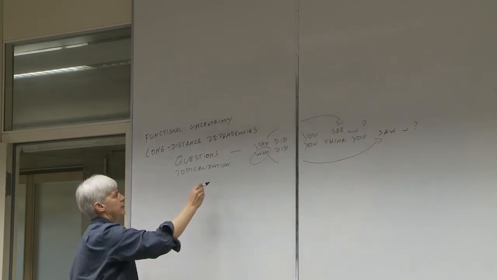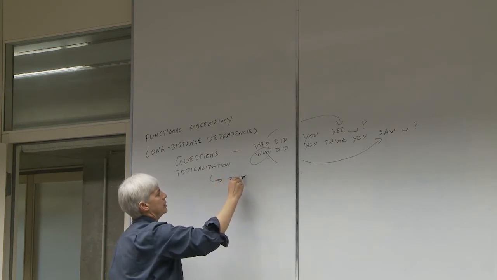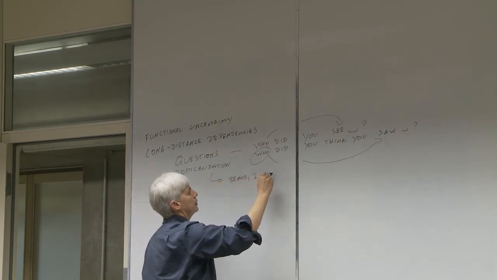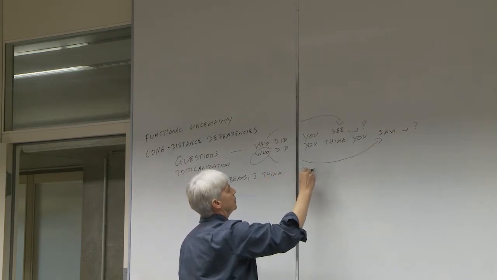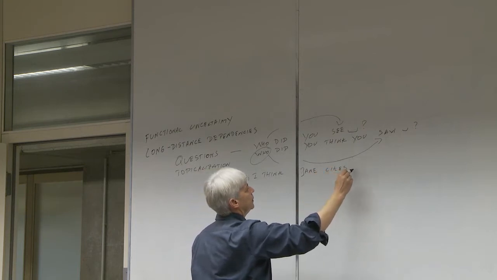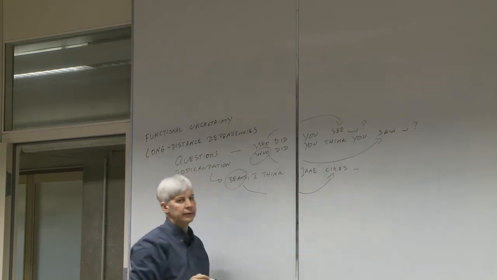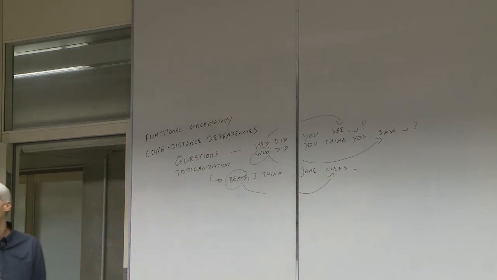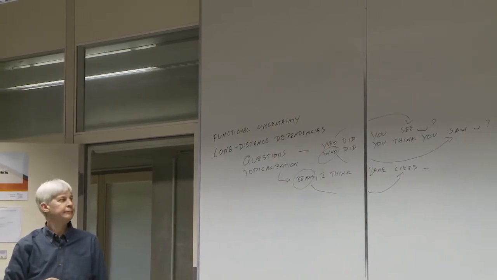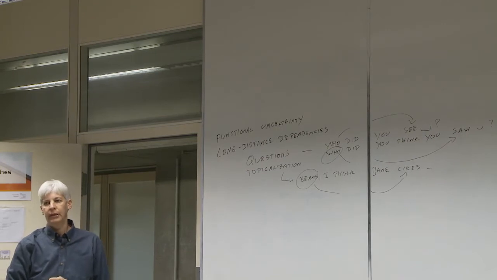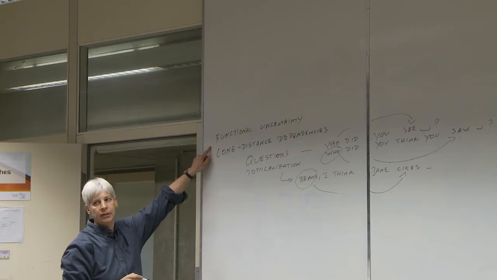And for topicalization, the examples we had were things like beans, I think Jane likes. Again, the idea was that this beans here is connected to the verb down there. Okay? So those were long-distance dependencies. And we dealt with long-distance dependencies within LFG by using functional uncertainty.